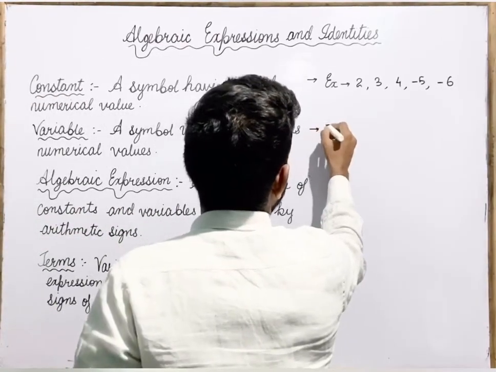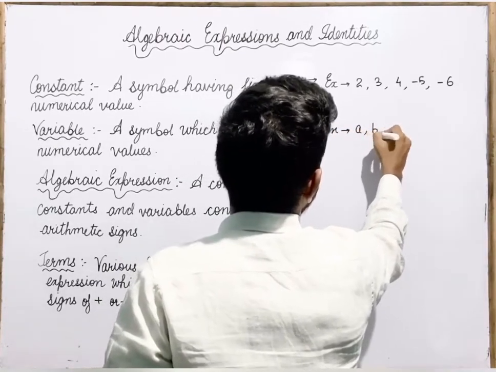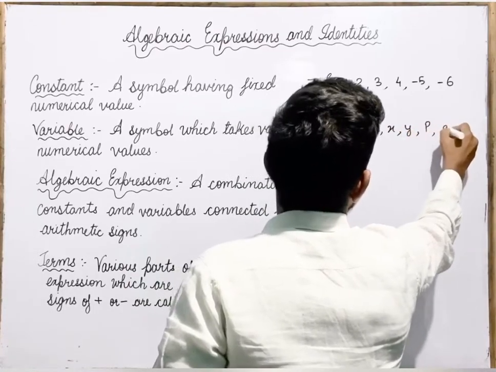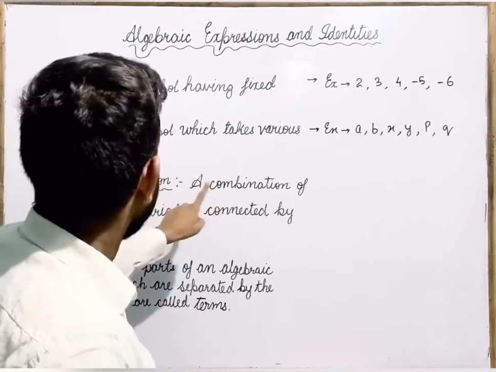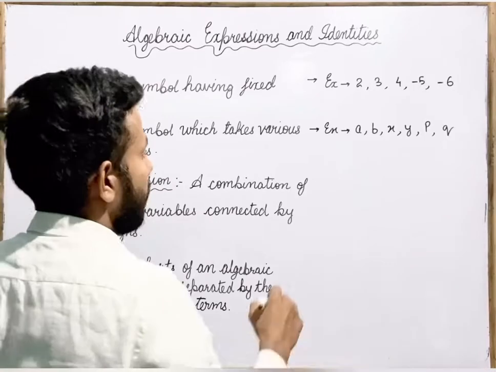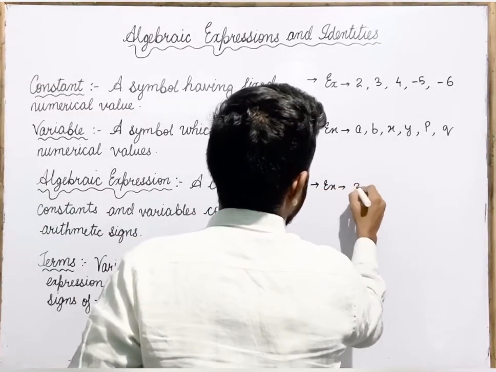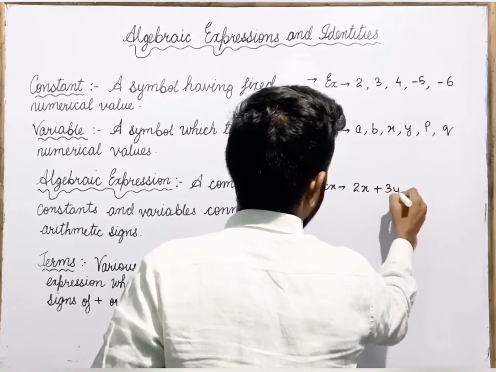Its examples are a, b, x, y, p, q. Algebraic expressions, a combination of constants and variables connected by arithmetic signs. So it can be 2x plus 3y.